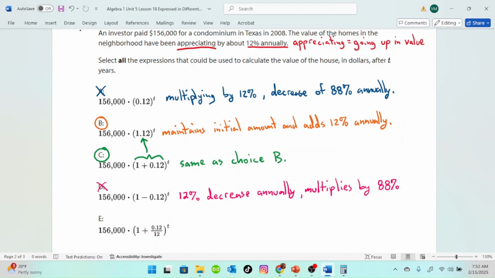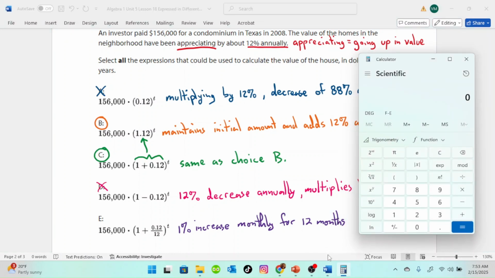So this is applying 1% increase monthly for 12 months. The problem is, if we put that in a calculator, the 0.12 divided by 12 would result in 0.01.